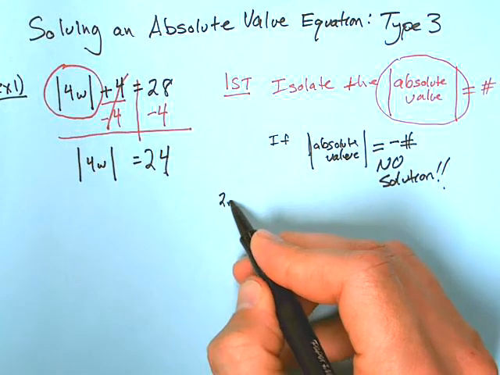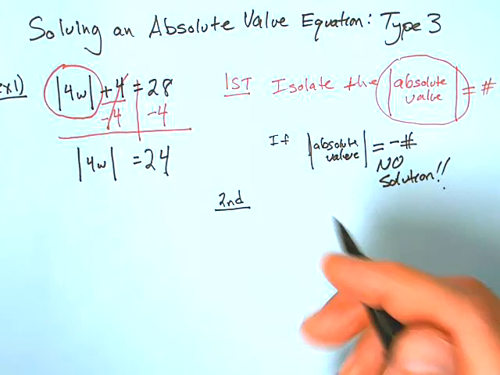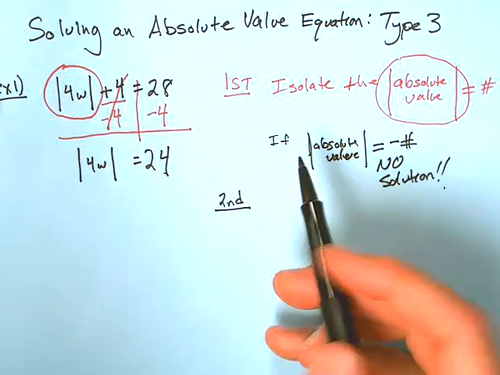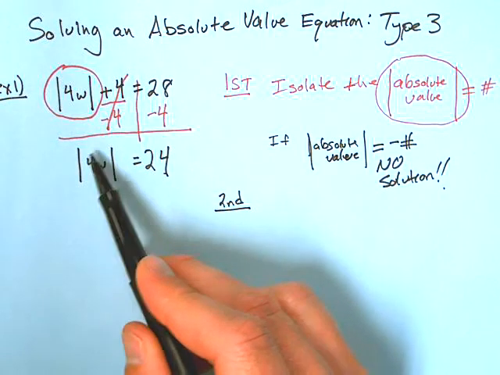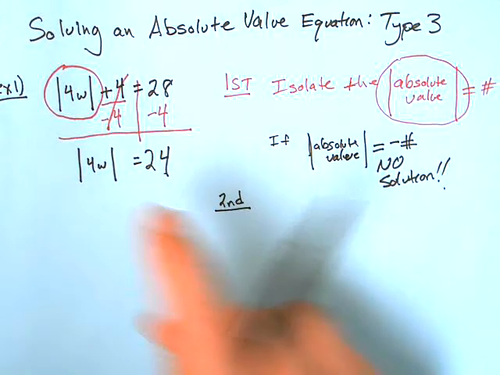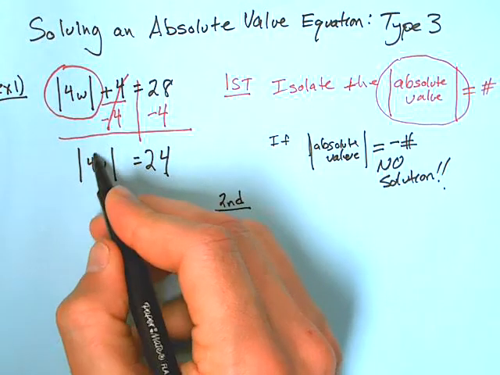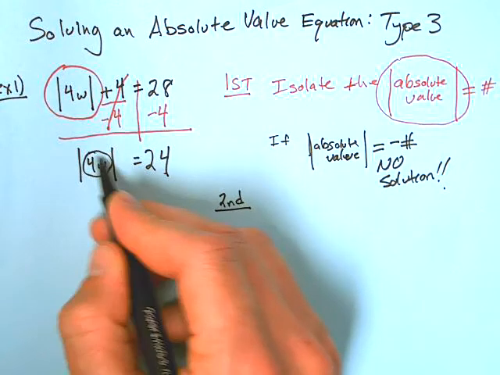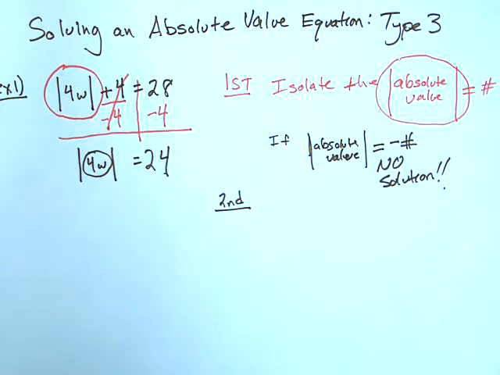So now the second thing I have to do is essentially say, all right, if the absolute value of 4w is 24, that means that 4w, imagine this, like the inside, this number where I have the circle, could be one of two things.